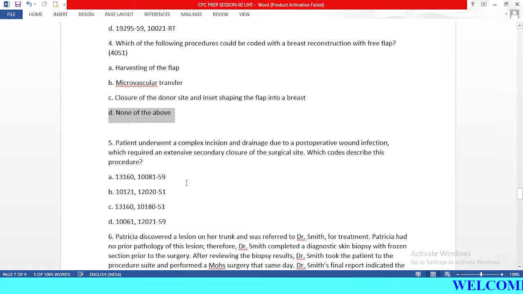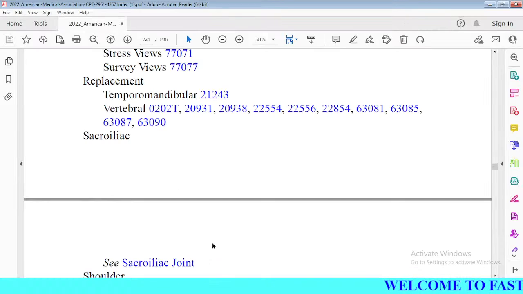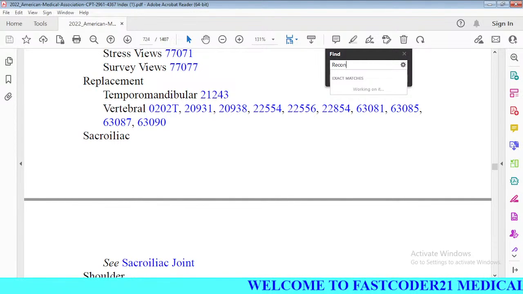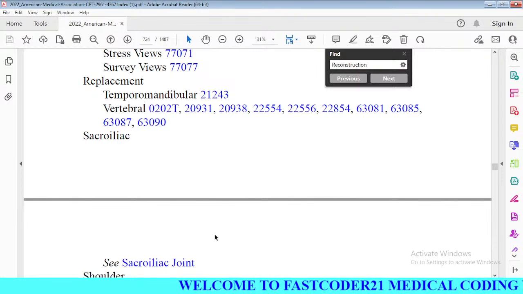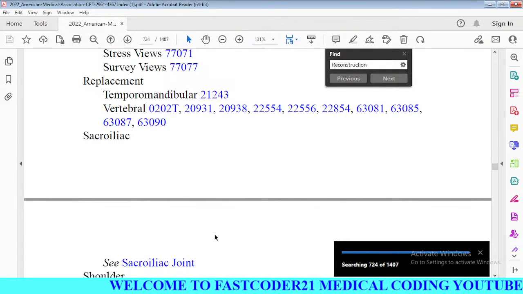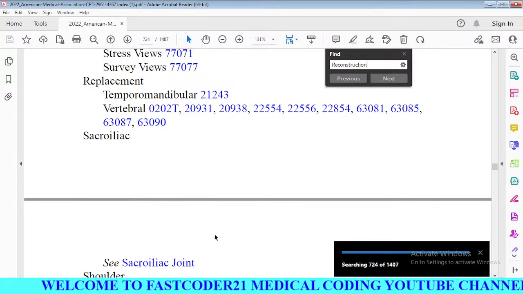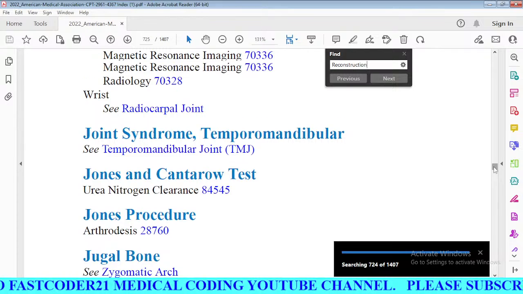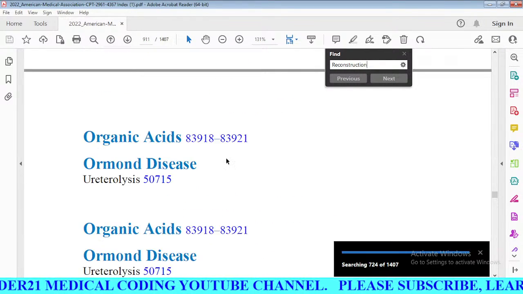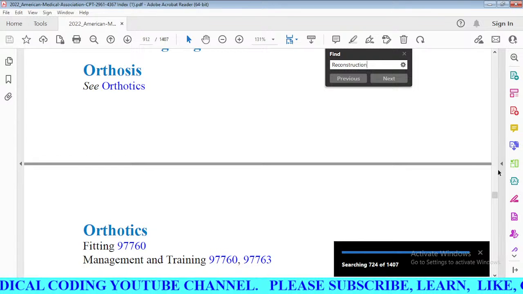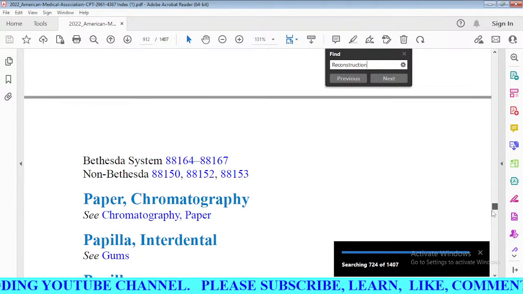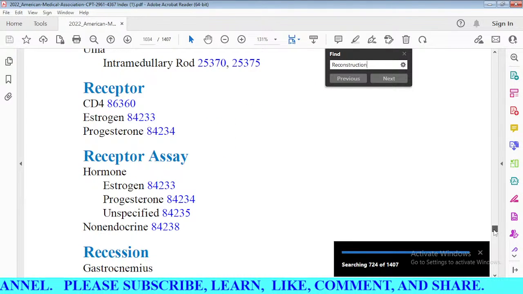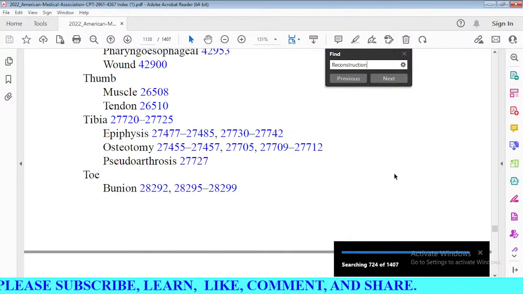So if we check reconstruction, you can get it easily. We check reconstruction. You go to reconstruction, breast, you can get the answer. Reconstruction, breast, free flap.